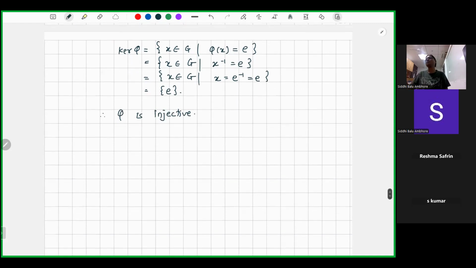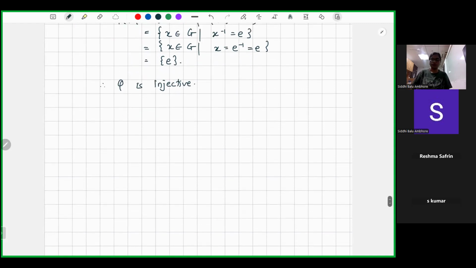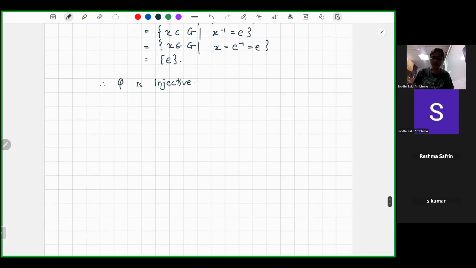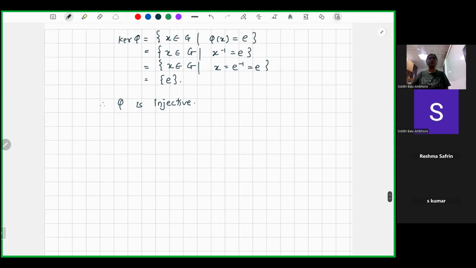Now we just need to check whether phi is surjective or not. In order to check surjective, we have to choose one element from the codomain and find an element in my domain whose image is that original element which we chose.